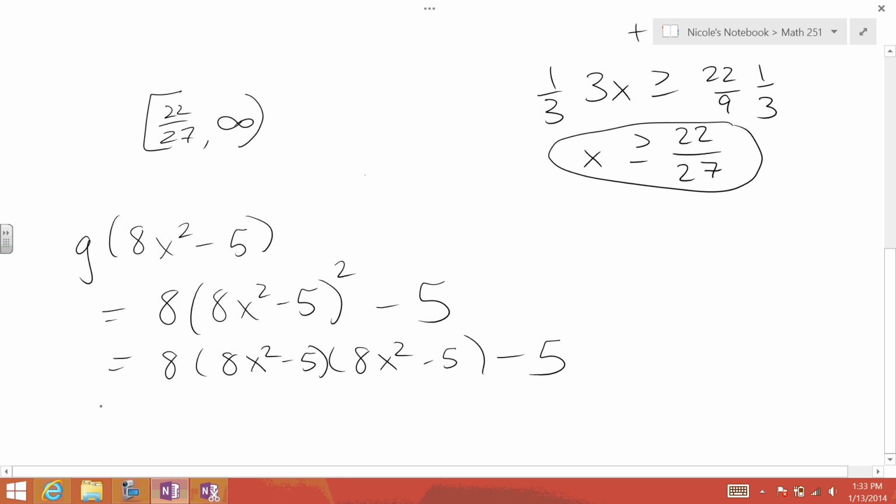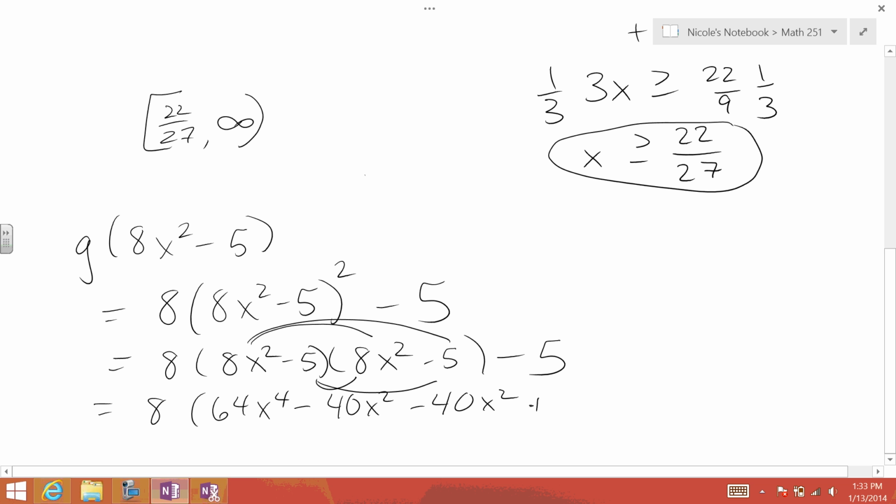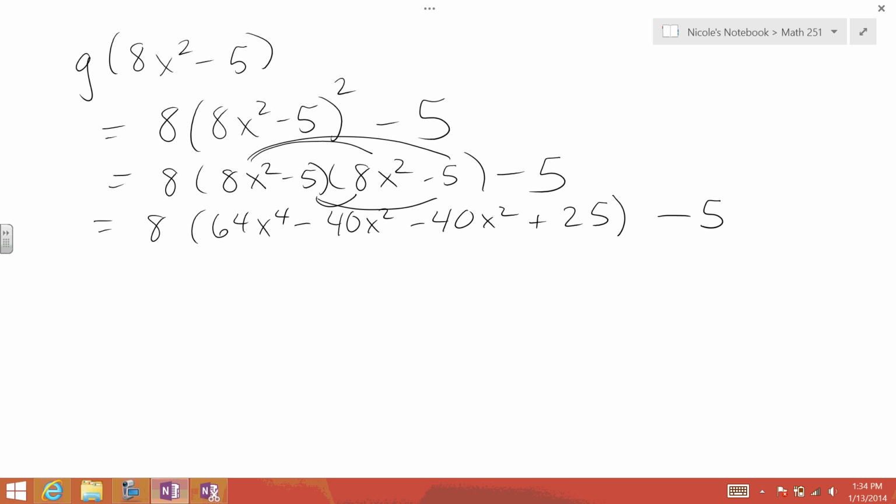And now we just need to do a whole bunch of multiplying. 64x to the 4th. And then our outer minus 40x squared, inner minus 40x squared, last plus 25, in my parentheses, minus 5. Keep going.